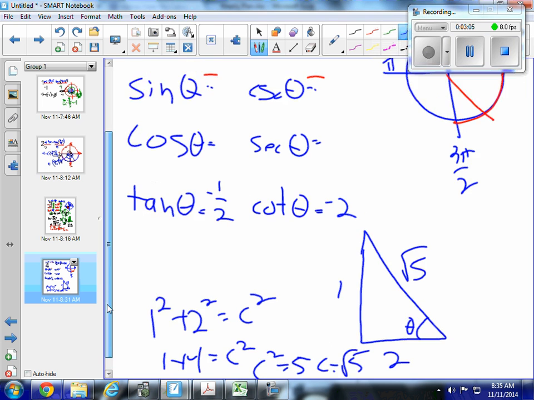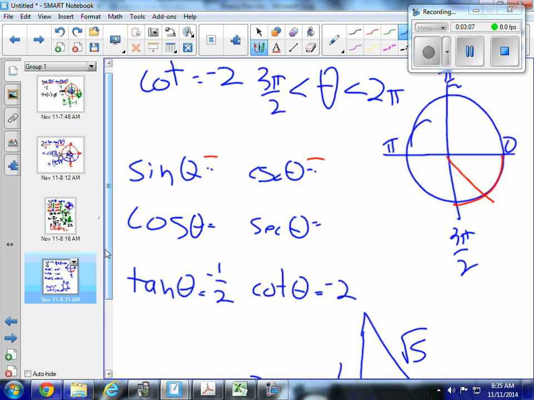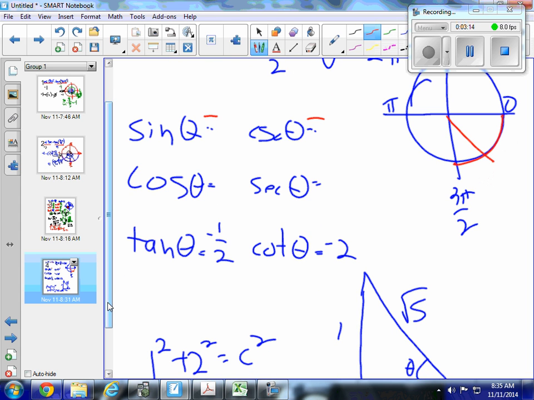So sine is negative. Well, see, sine is opposite over hypotenuse. My opposite is 1 over hypotenuse is -1 over radical 5. And cosine is +2 over radical 5.